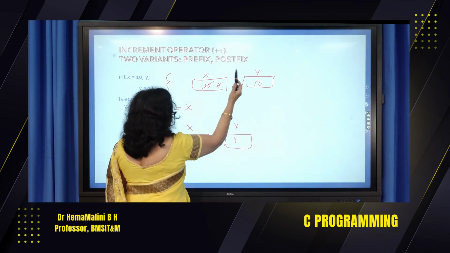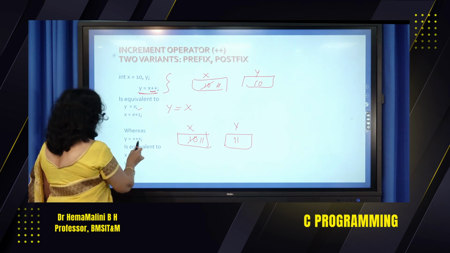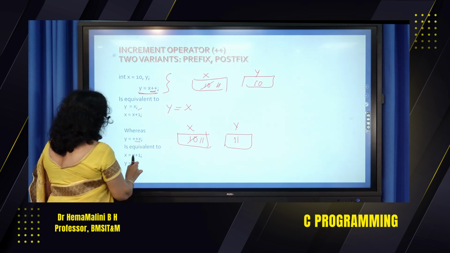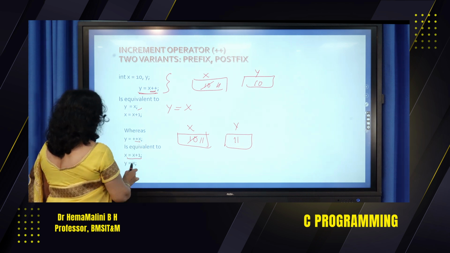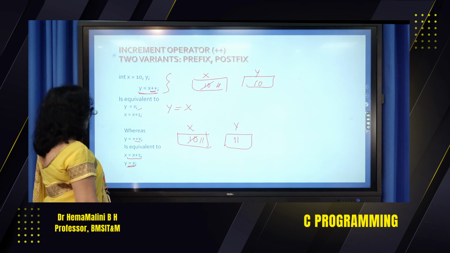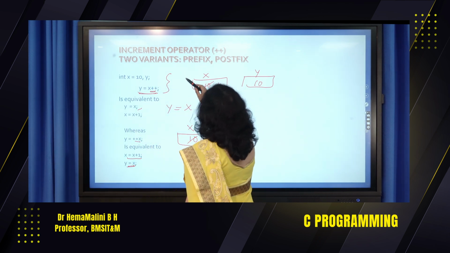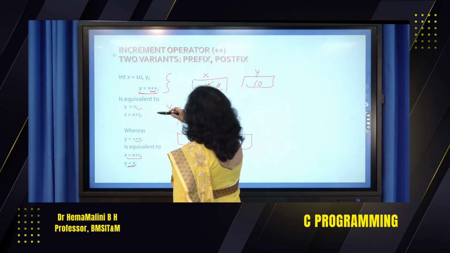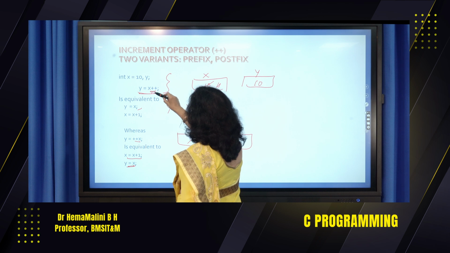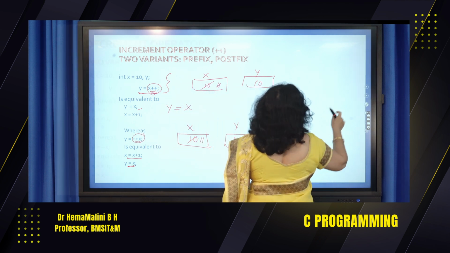In the earlier case y got 10, here y is going to get 11. So it is equivalent to, first we are incrementing x, x gets x plus 1. The value of new x is stored in y. So this is how the pre-increment and post-increment work.